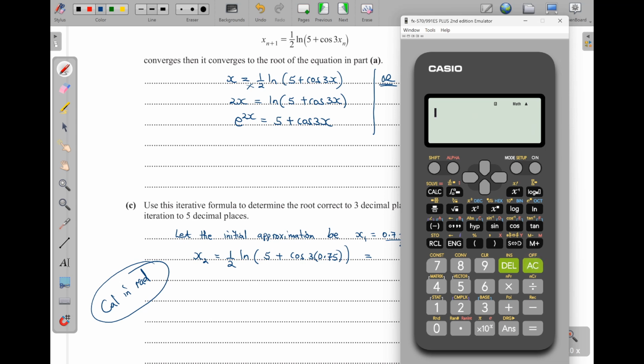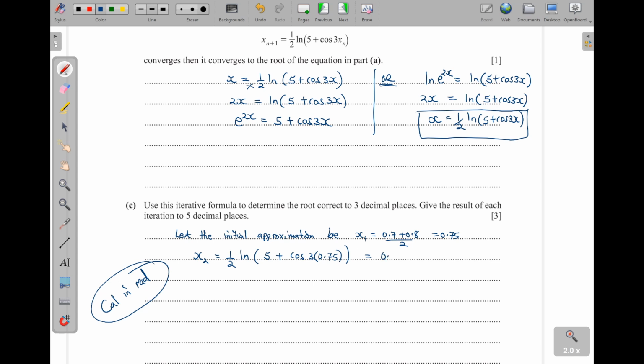So I'm going to put here a half, 1 over 2, then the natural log of 5 plus the cosine of 3 times the 0.75, then close that. This is 0.73759. Okay, then x3, what is it going to be?